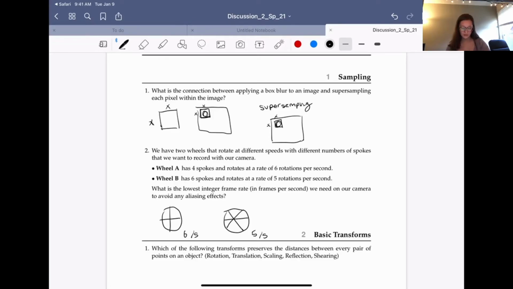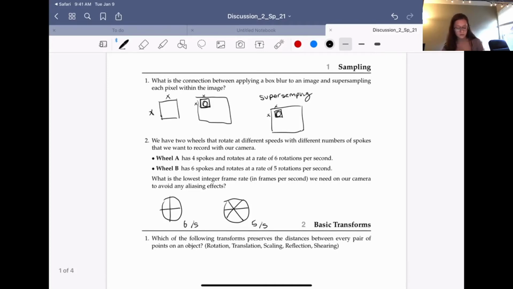So, when we think about our wheel rotating, any time that it's in this position, it'll look exactly the same. So, if we look at this 4-spoke wheel, every time it rotates 90 degrees, it'll look exactly the same. So that means if we have our wheel rotate 6 times per second and it looks the same 4 times in one rotation, then we'll have a frequency of 24.